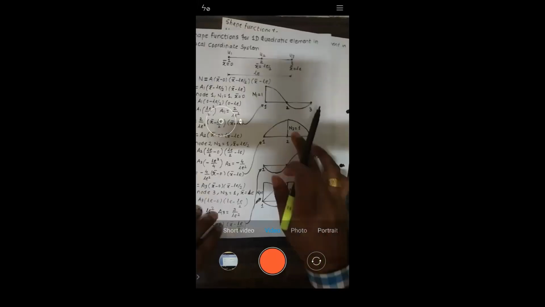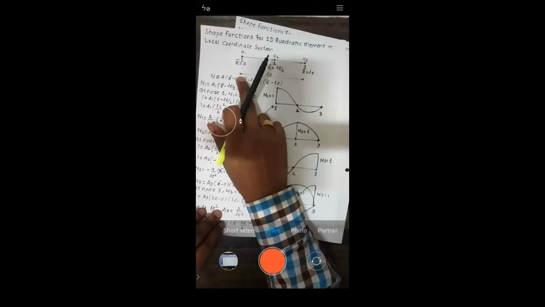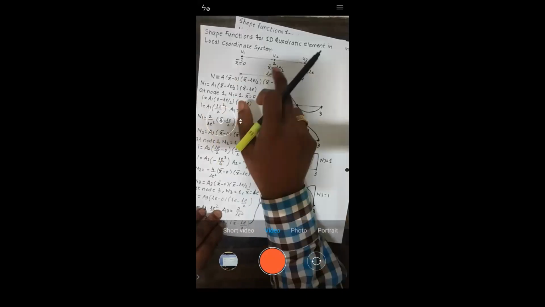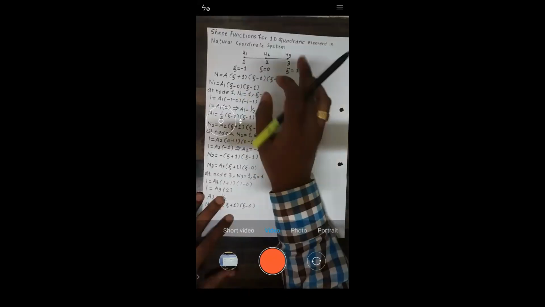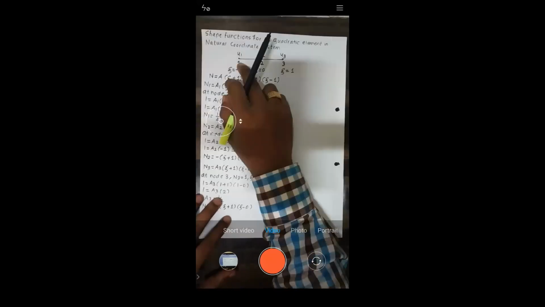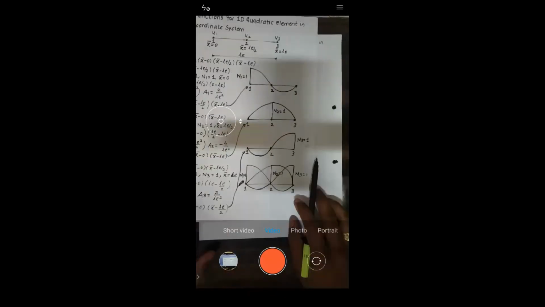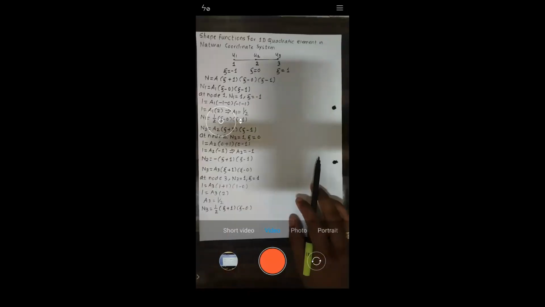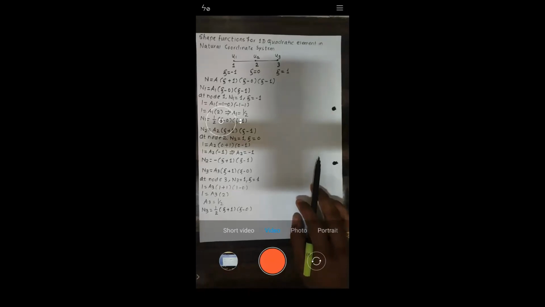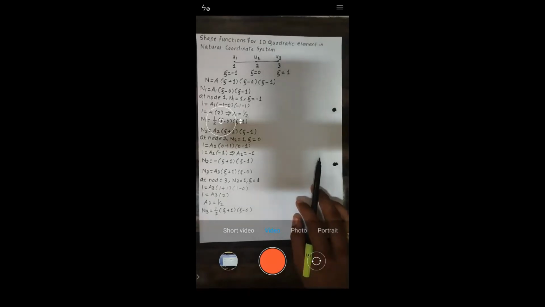Only here, instead of the local coordinate 0, LE by 2 and LE, you have the natural coordinate, that is minus 1, 0 and 1. But obviously the nodes are going to remain there: node number 1, node number 2, node number 3, and you get a similar nature of graph. Is it okay to each of you? Yes, sir.